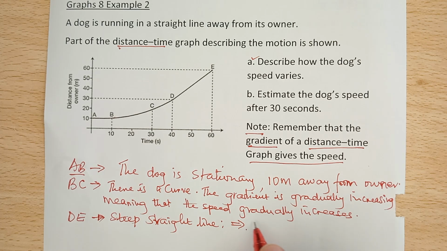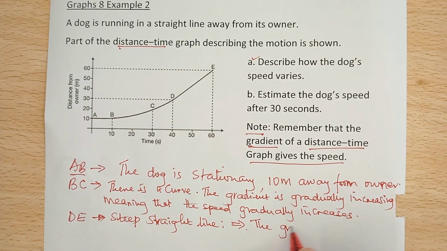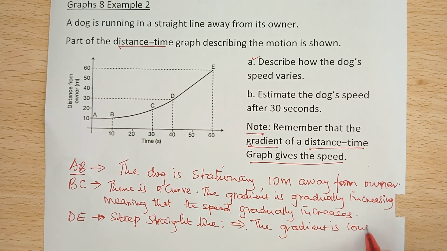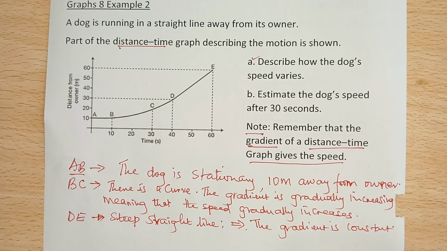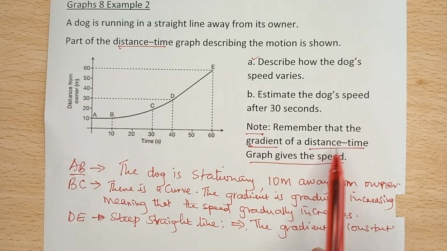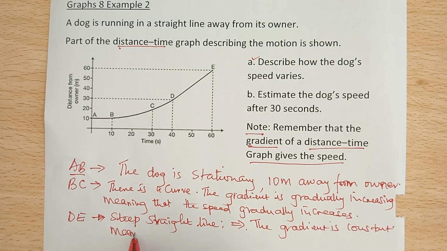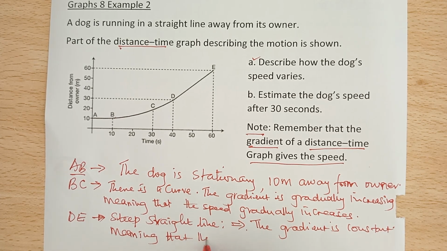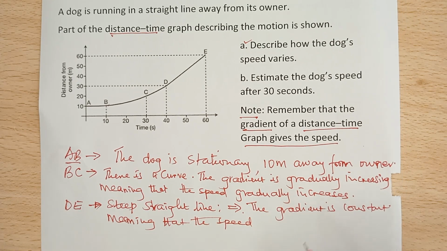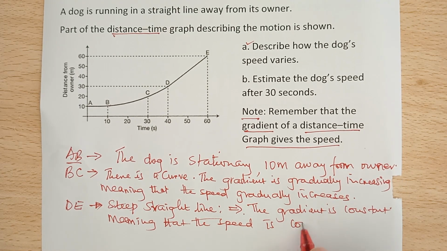The gradient is there but constant. And because the gradient of the distance time graph gives you the speed, the speed of the dog is constant.